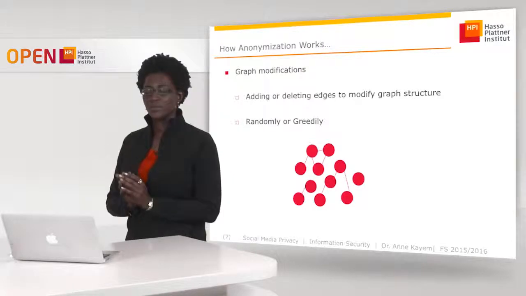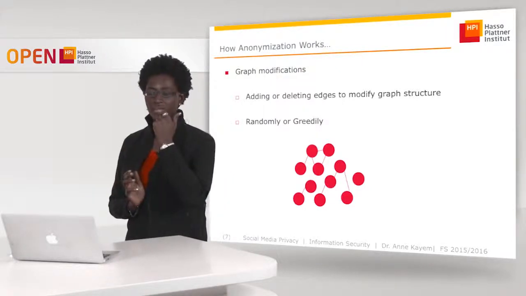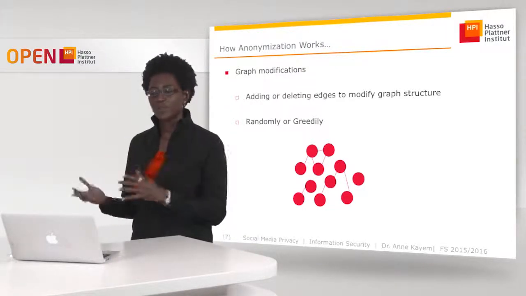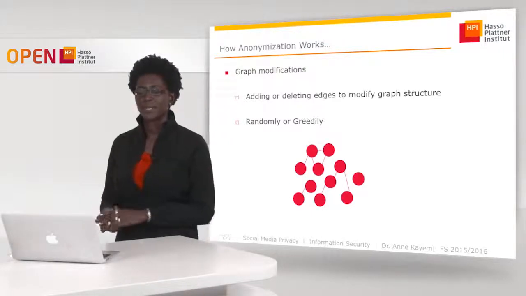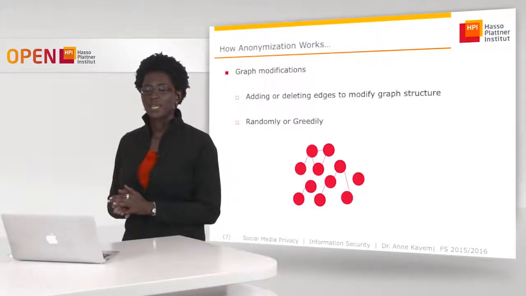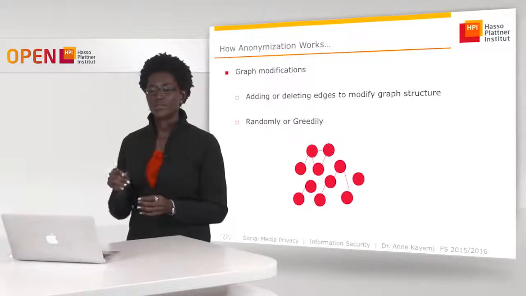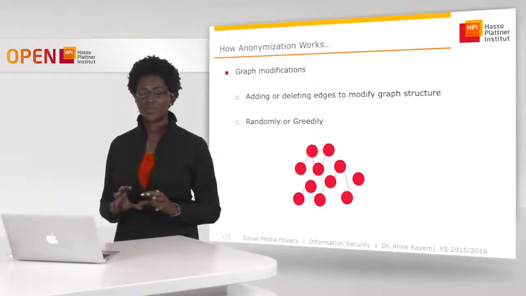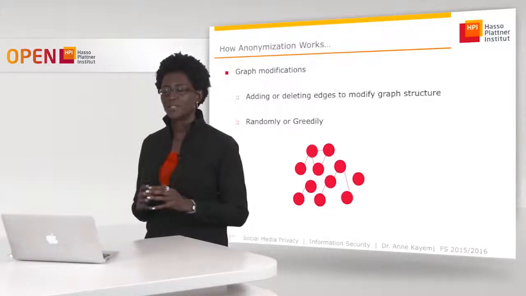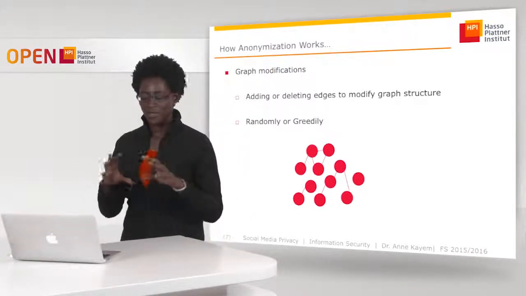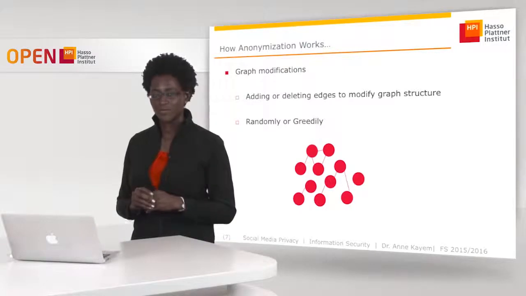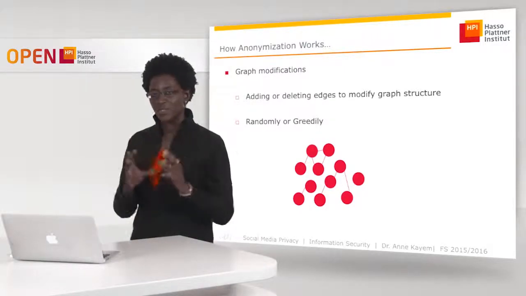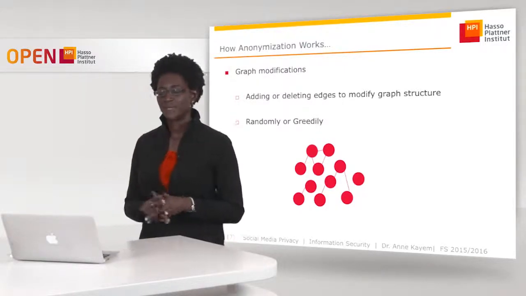What can happen, or another approach that you can have, is that of graph modification, for example. With graph modification, what happens is that you pretend to add in other edges to modify the structure of the graph. So think about, for example, you have your circle of really good friends, as we talked about in the previous slide.